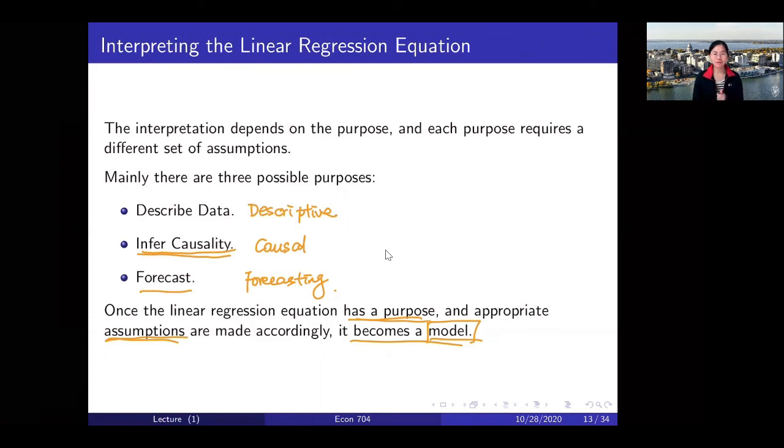Only when you give the linear regression equation a purpose and then make appropriate assumptions about the components in that equation, only then do you have a model for either the data or for the world that you're trying to describe or for the future world that you think would be.